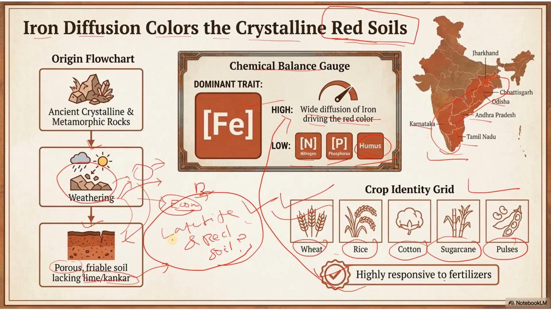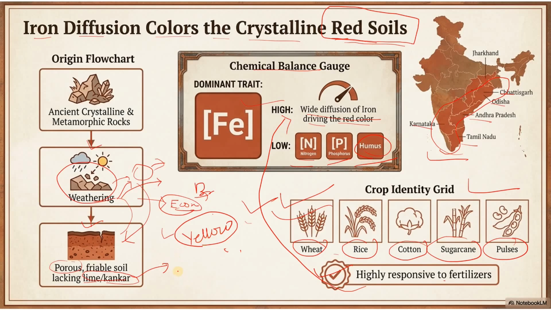Mostly the laterite soils are formed in heavy rainfall areas. These laterite soils are also known as the yellow soil.